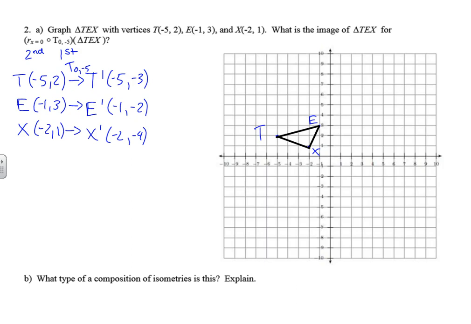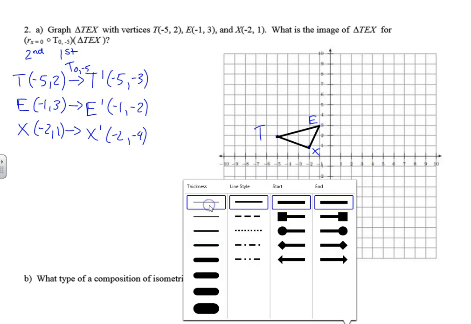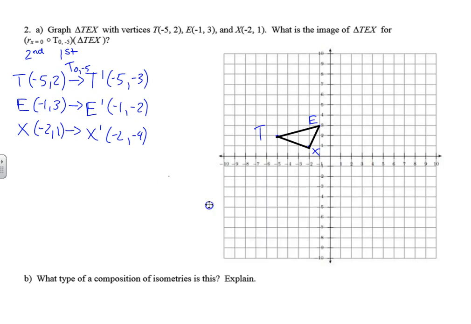I'll use a different color. Let's do green with this one. So we went down 5. So T became down here to negative 3. That's our T prime. Negative 1, negative 2. Here's our E prime. And X is negative 2, negative 4. Okay, there's our X prime.